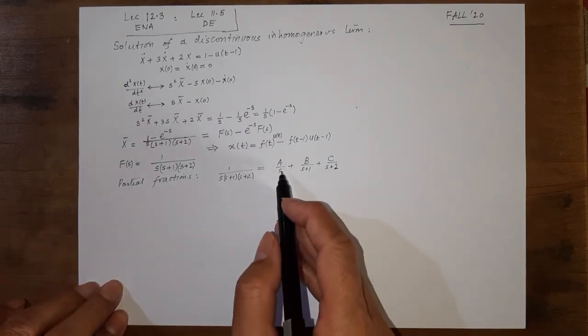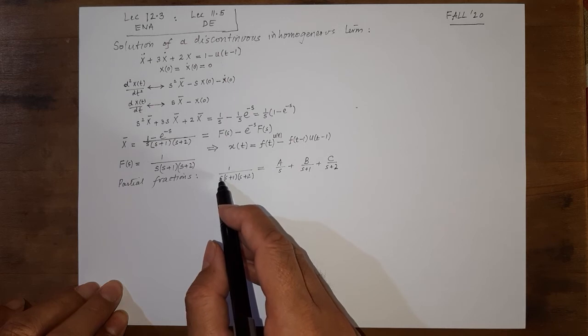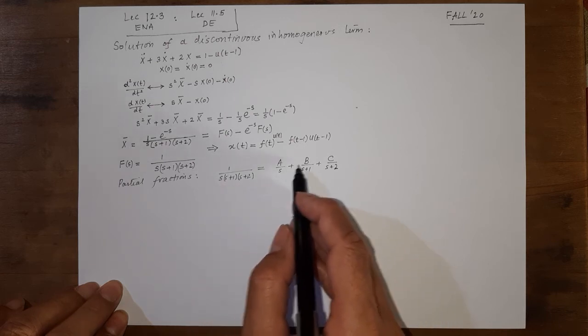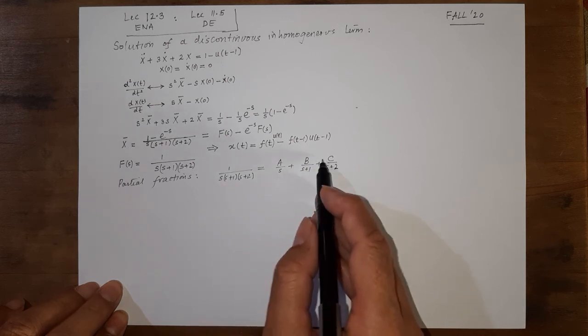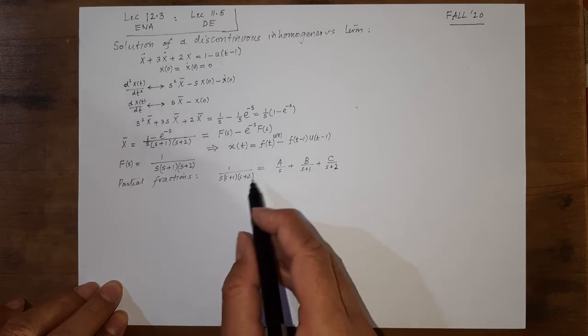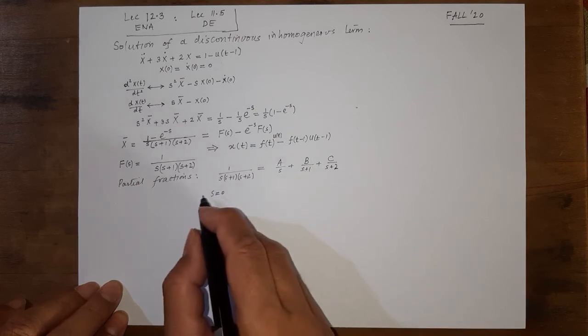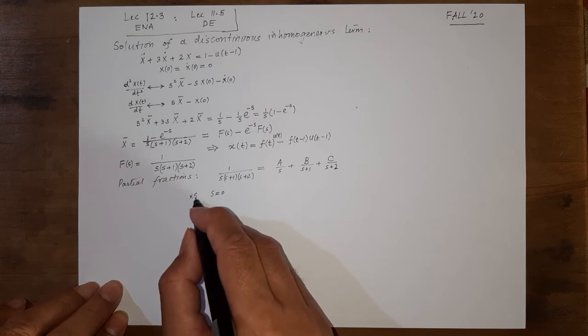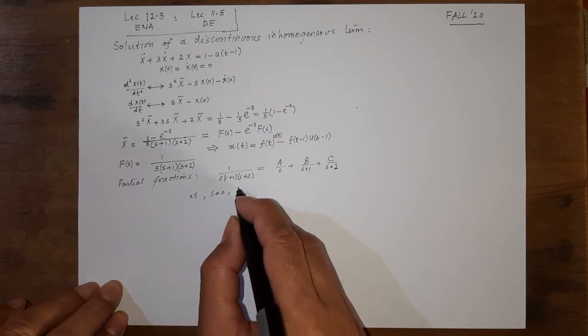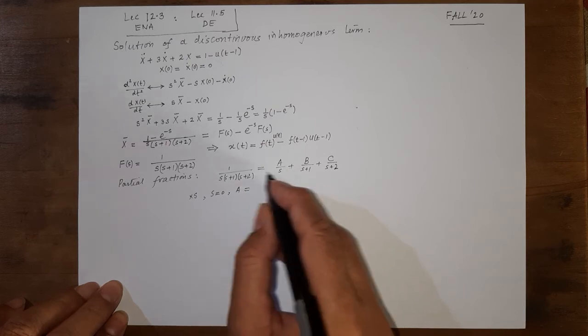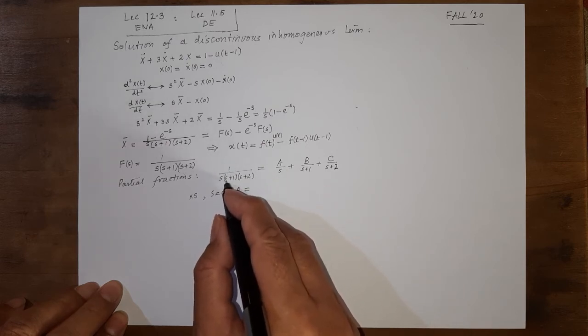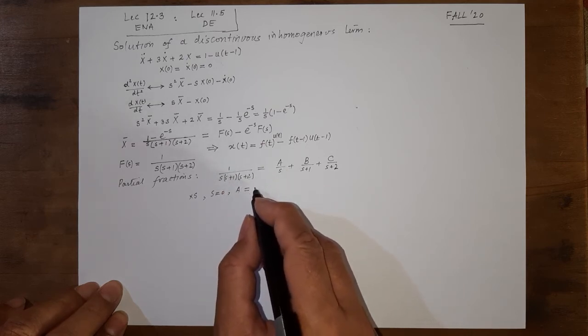So now you can see that if you multiply throughout by s, this cancels here, and these are going to get s in the numerator. Now if we put s equal to 0, after multiplying throughout by s, we get A is equal to 1 over 2.